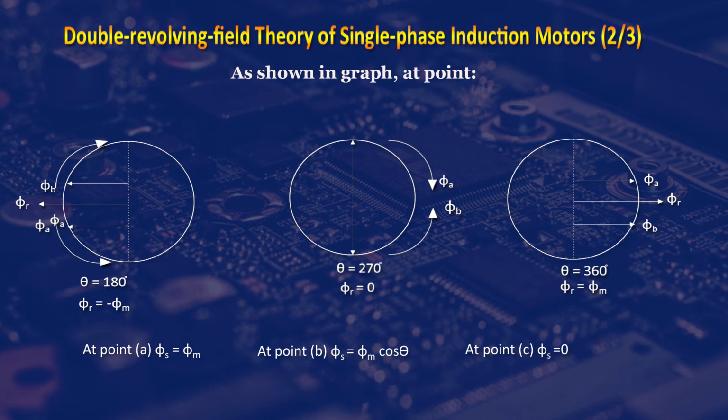Both are rotating in opposite directions, but the angle between them is 0. If the angle between them is 0, that means theta is equal to 0. As a result, the stator flux is equal to the maximum value of flux, that is phi m.